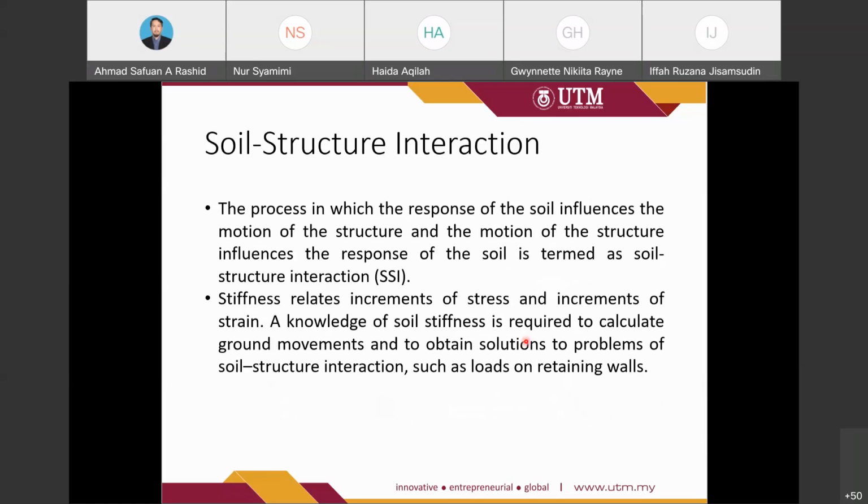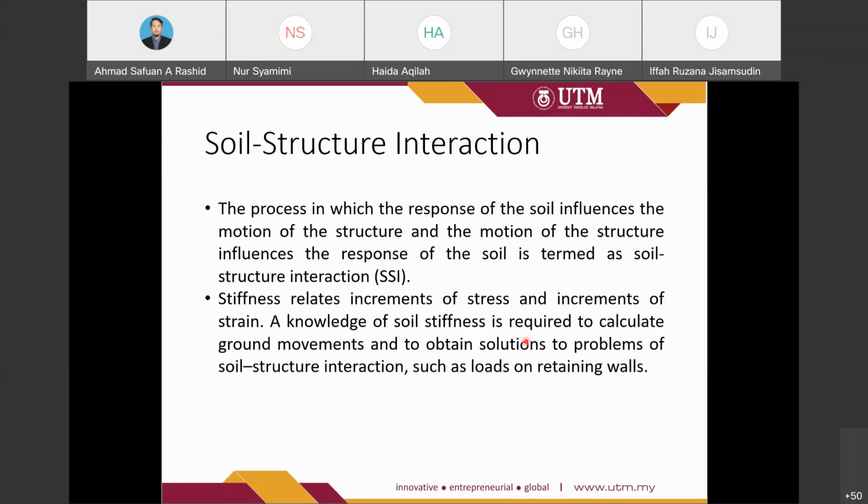So the process in which the response of the soil influences the motion of the structure, and the motion of the structure influences the response of the soil, is termed SSI. Stiffness relates increment of stress and increment of strain. A knowledge of soil stiffness is required to calculate ground movement and to obtain solutions to problems of soil structure interaction, such as load on a retaining wall.